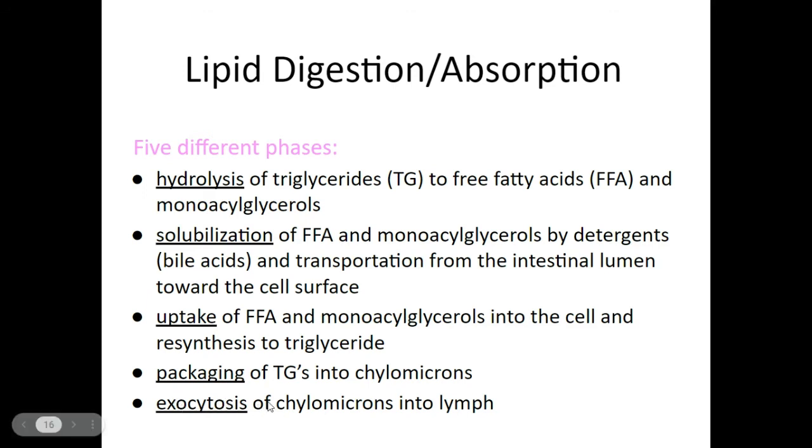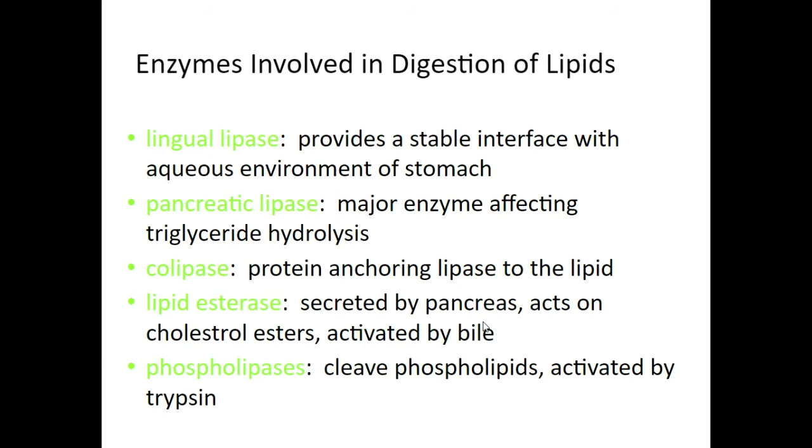And after the chylomicrons incorporate the resynthesized triglycerides, the cells would now be ready to release the chylomicrons into the lymphatic system, thereby completing the process of absorption. Exocytosis is release of particles of the cells from the inside to the outside. Okay? So, remember these phases of digestion and absorption of fats.